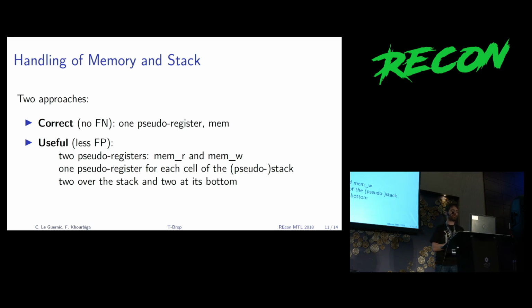We use two pseudo registers for memory, mem write and mem read, which are used in the following way. Any read operation on memory creates a dependency coming from mem read, and any write in the memory creates a dependency to the pseudo register mem write. We also have a pseudo stack and one pseudo register for each cell of this pseudo stack.